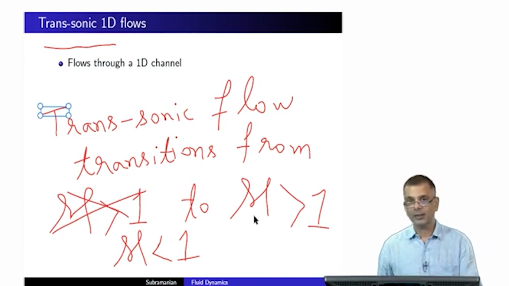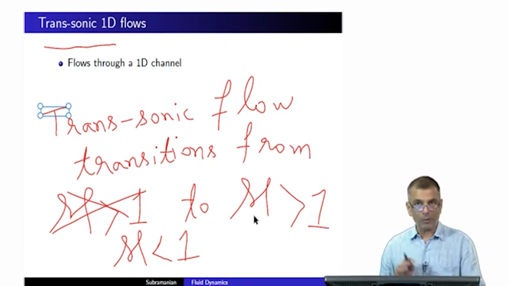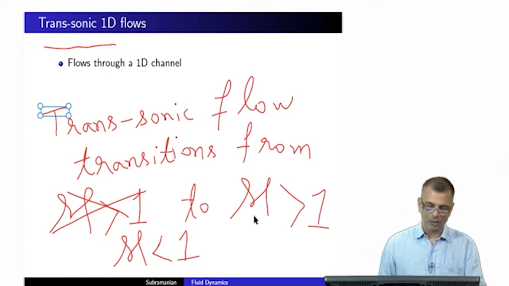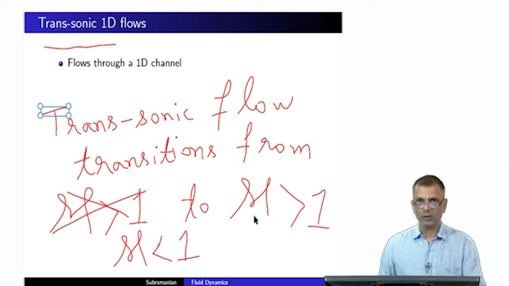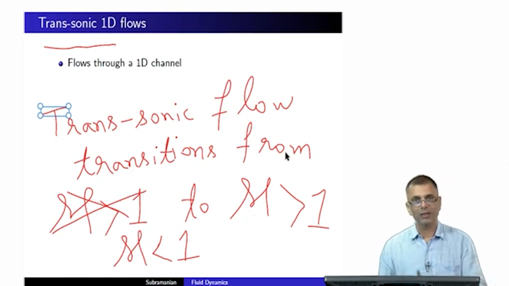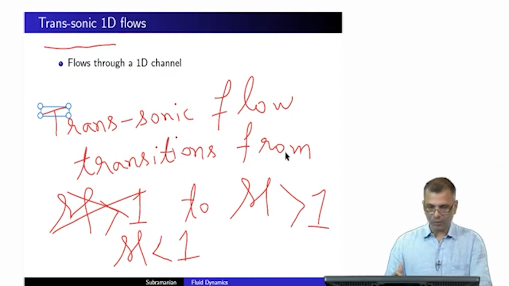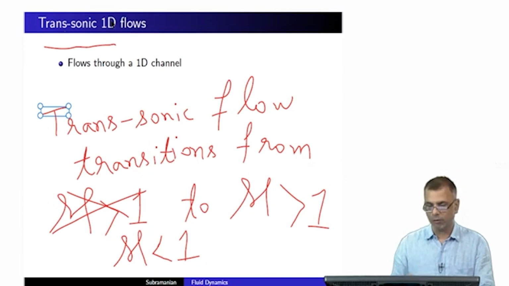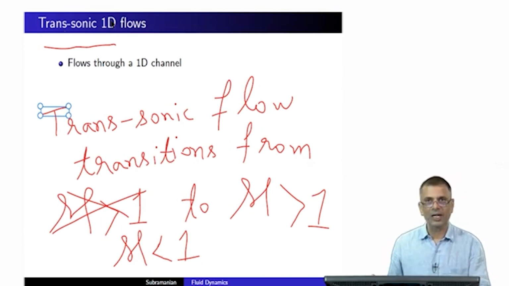Certain terms can be neglected and you can go on with the analysis. However, as with anything in physics, when you are dealing with transonic flows, or flows that straddle these two asymptotic limits of subsonic and supersonic, you have to be a lot more careful. In particular, we will pay attention to transonic one-dimensional flows. In other words, just the x dimension, y and z are not important.